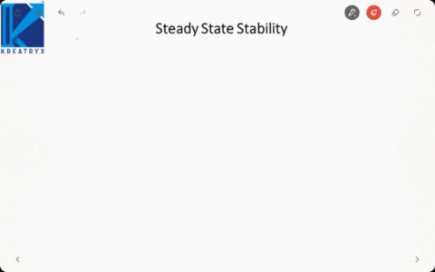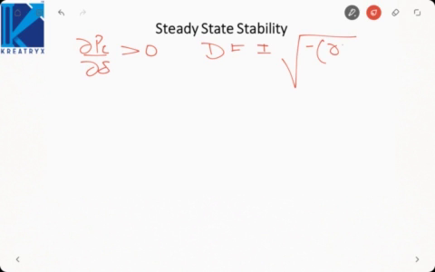If ∂P/∂δ is greater than 0, then the roots D are equal to ± under root of minus ∂P/∂δ at δ0 by M. Since ∂P/∂δ is greater than 0, these roots will be imaginary.